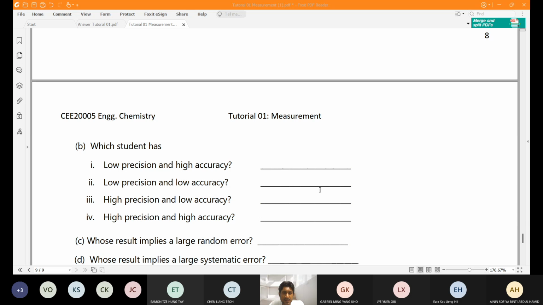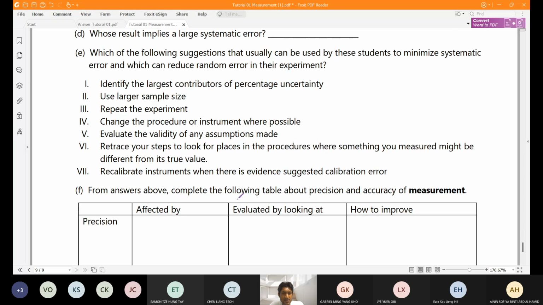Low precision means a higher percentage of uncertainty, but to some extent an acceptable percentage of error. High precision and high accuracy will be the one with both a lower percentage of error and lower percentage of uncertainty. In this way, we can find out who is doing better.